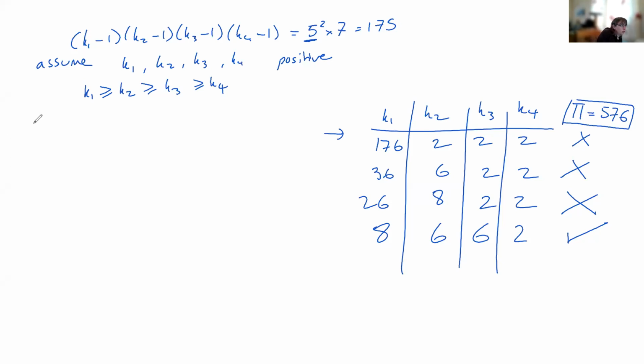You can also check the third equation, (k1 plus 1)(k2 plus 1)(k3 plus 1)(k4 plus 1) equals 1323.